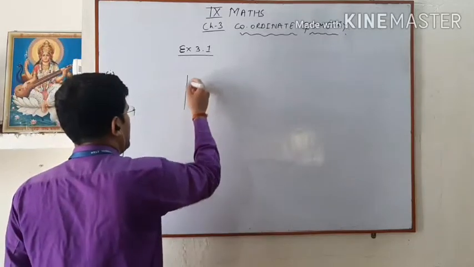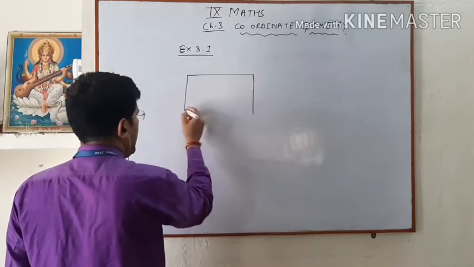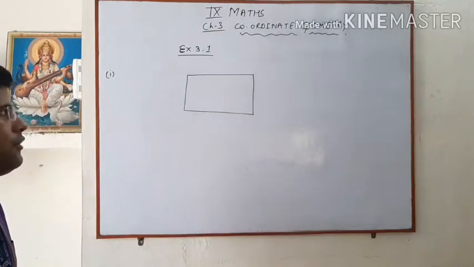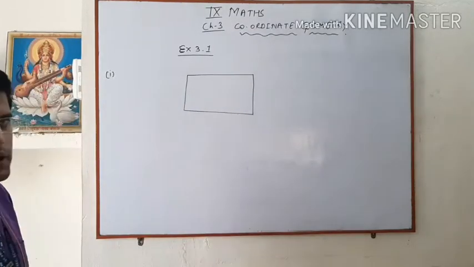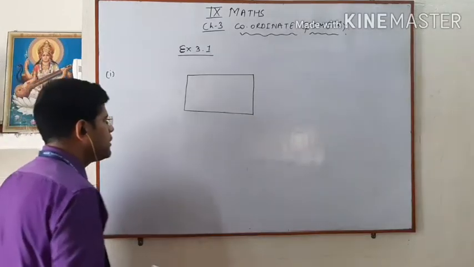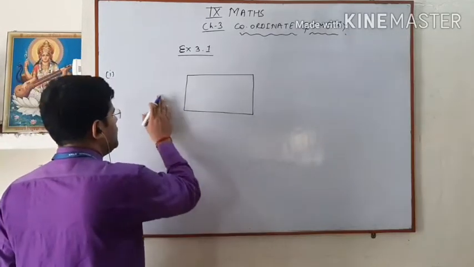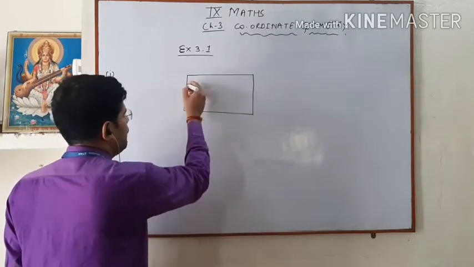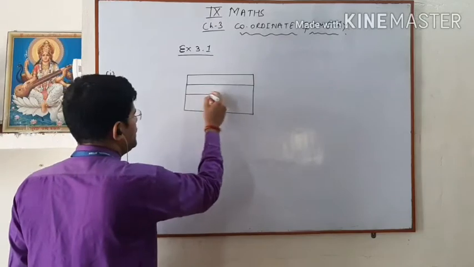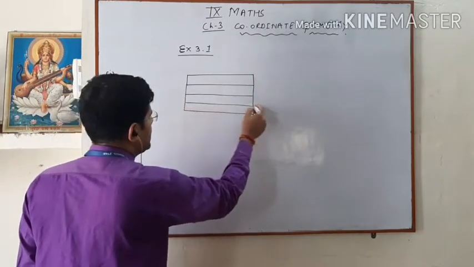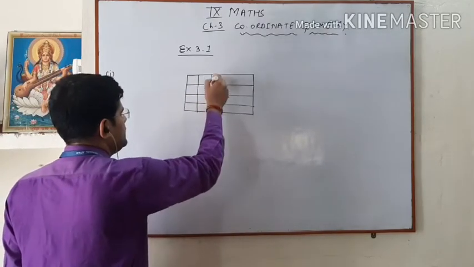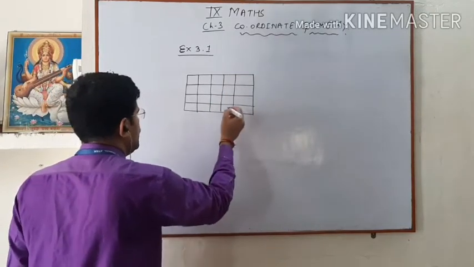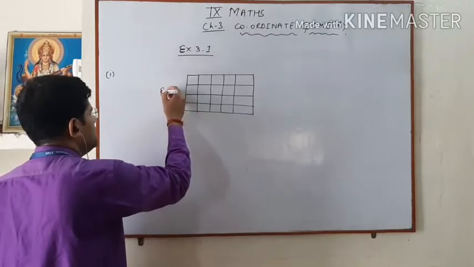Like you have a table and you put a table lamp anywhere on the table, and you have to describe the exact location. For describing the location, I just want to divide this table with horizontal and vertical lines. These horizontal and vertical lines are known as rows and columns.